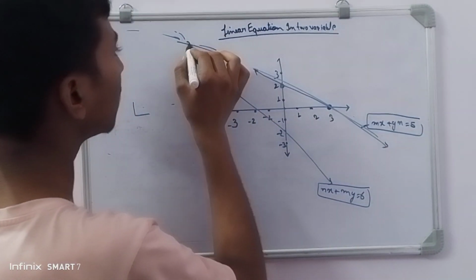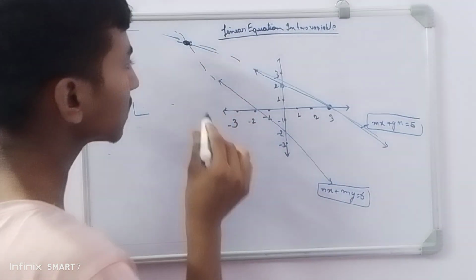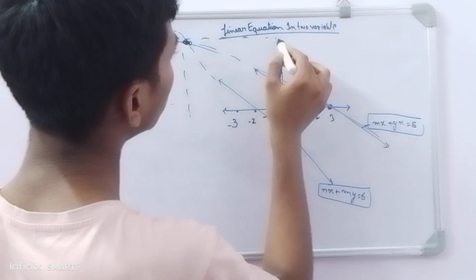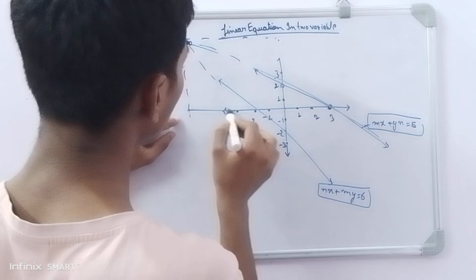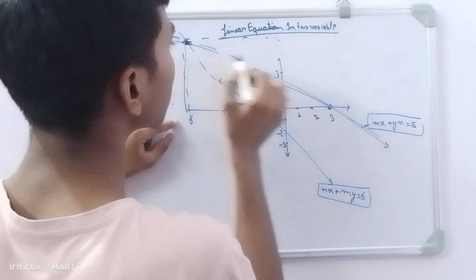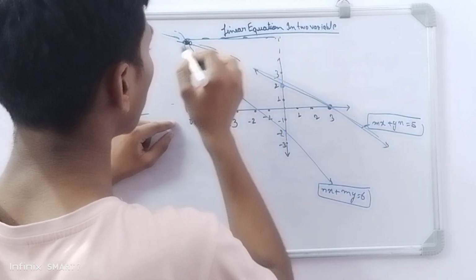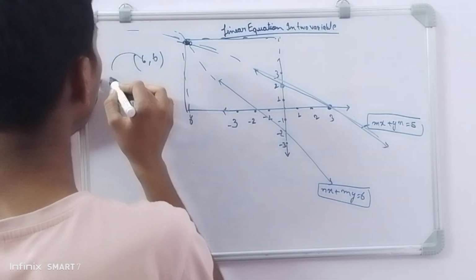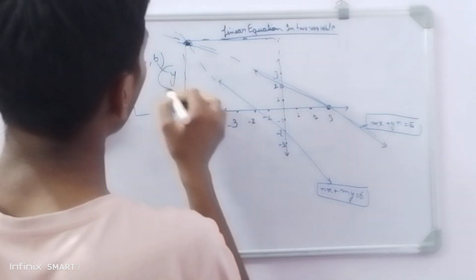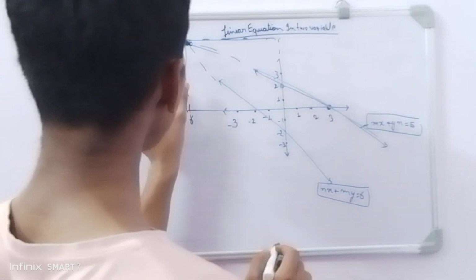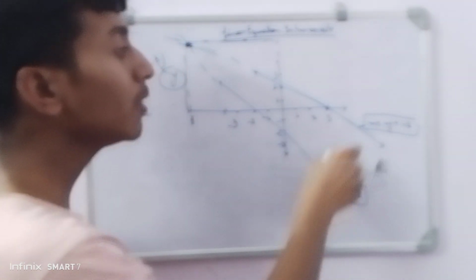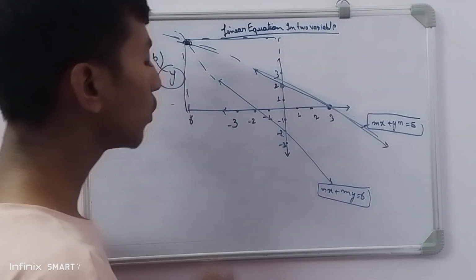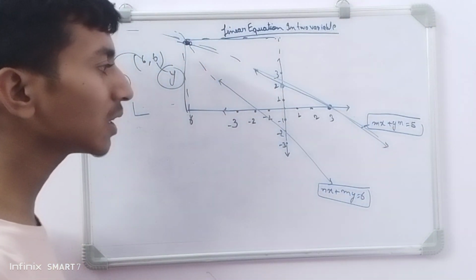Let's suppose this point is about 6 from the x-axis and also 6 on the y-axis. That means 6 comma 6, where the first term is x and the second is y. That means these x and y values will satisfy both equations, the first and the second.